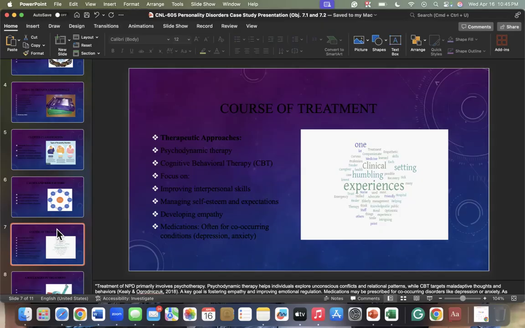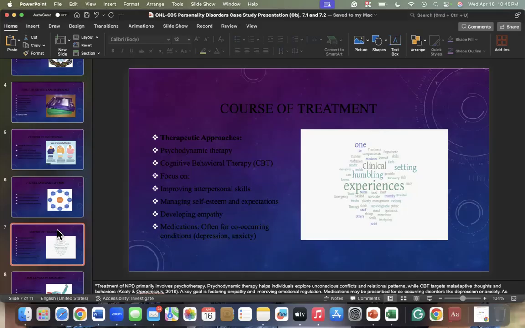So I always think about cognitive behavior therapy, which, if you can change the mind, you can change the behavior. It also helps individuals explore unconscious conflicts or relational patterns. It may just be helping them find the maladaptive thoughts behind the behavior.